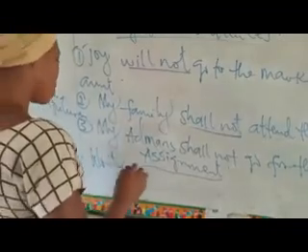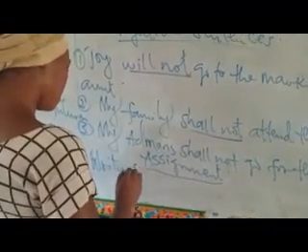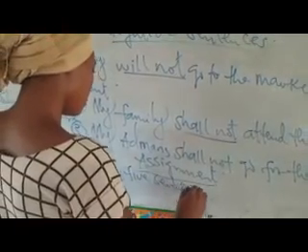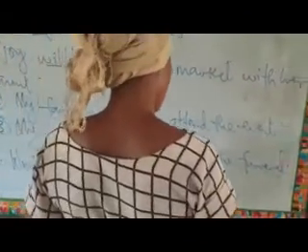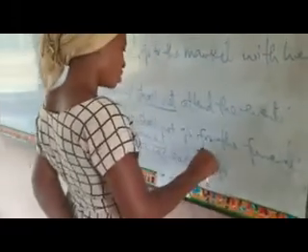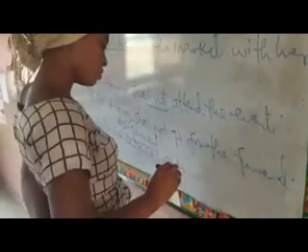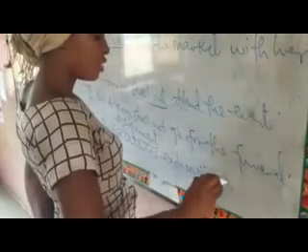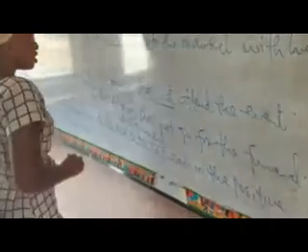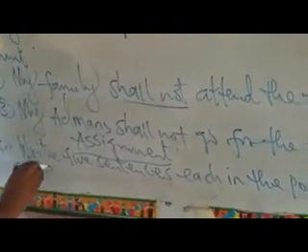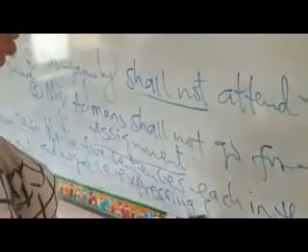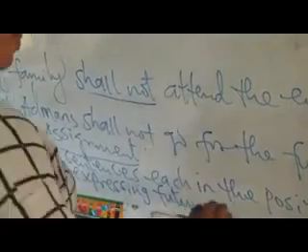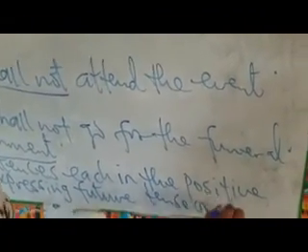Write 5 sentences each in the positive and negative, expressing future tense or action.